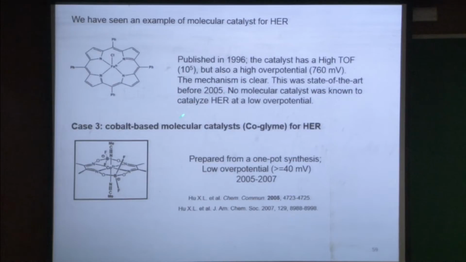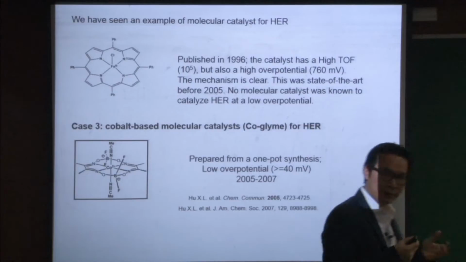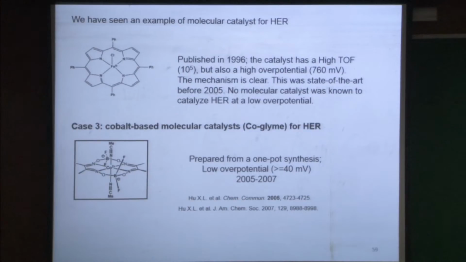Now, I should also point out that since 2005, there are a number of other systems that improve upon this state of the art, in the sense that previous systems always had a very high overpotential.